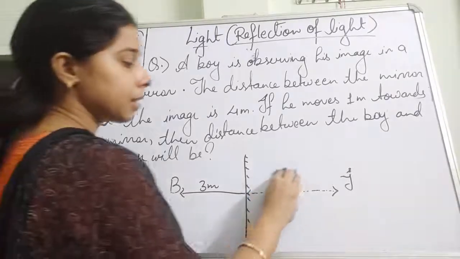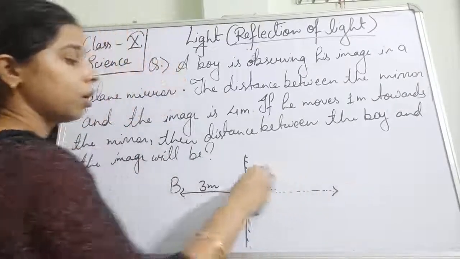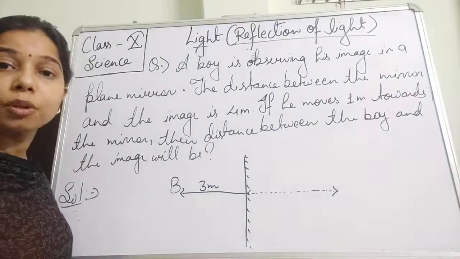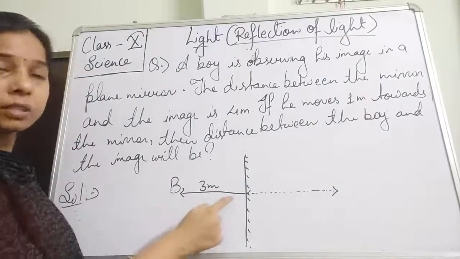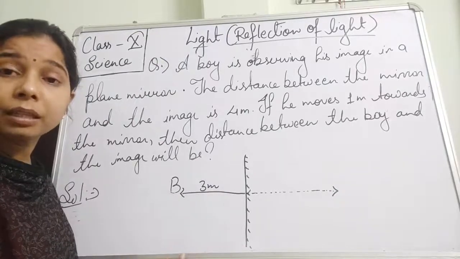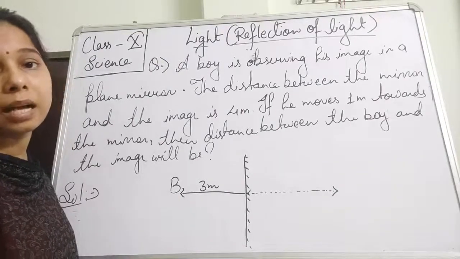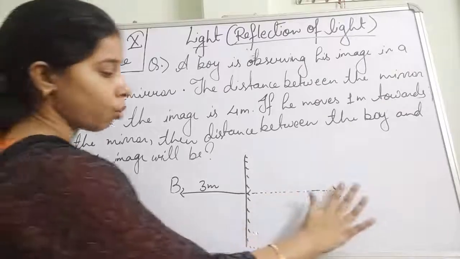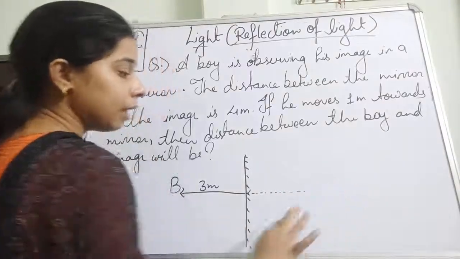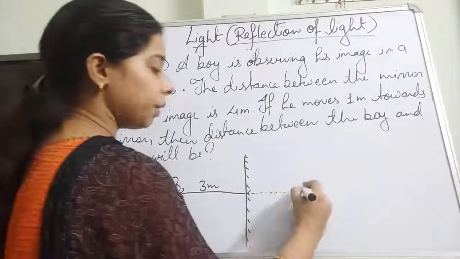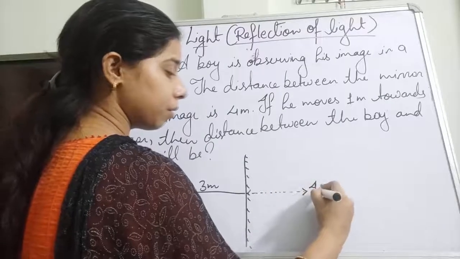What will be the distance between the image and the boy himself? If he is 3 meters away, where will the image be? What will be the distance between the image and the mirror? Obviously we know that the image will also be at 3 meter.